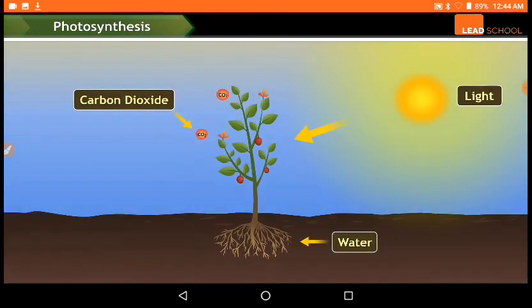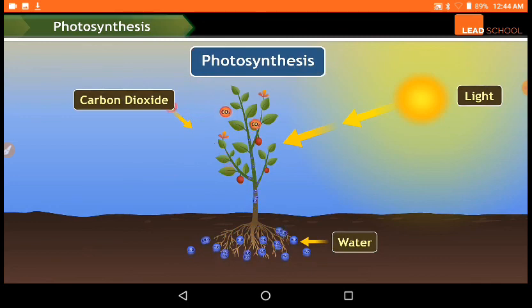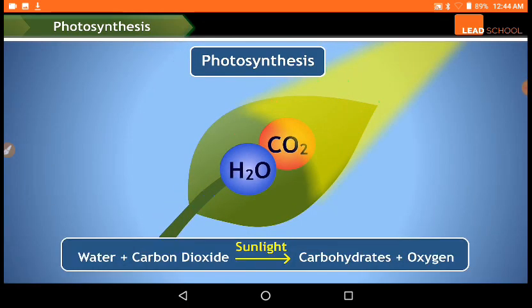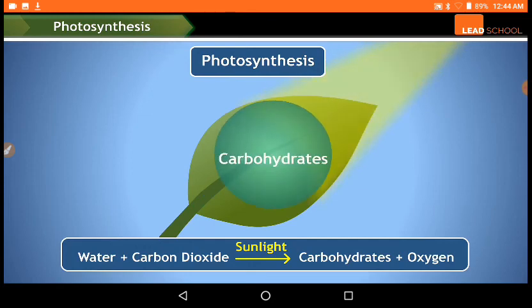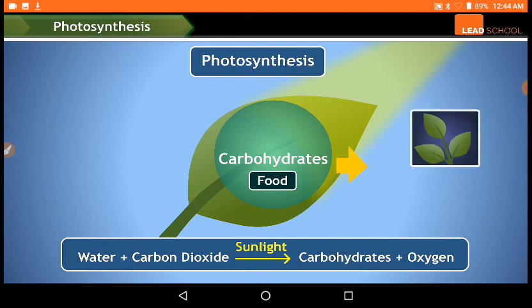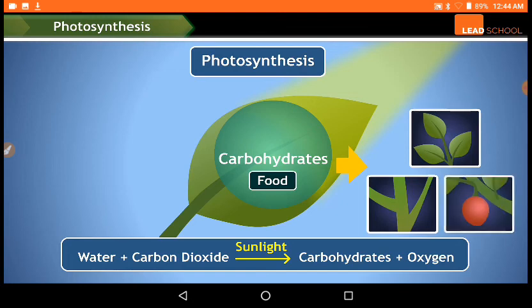Now, this trapped energy is used for the photosynthesis reaction, where water and carbon dioxide are combined to create carbohydrates, that is, food. These carbohydrates are stored in the leaves, stem, and the fruits of the plant.